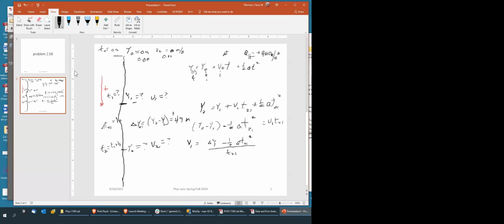Now, what the question asked: we need another place, t3, which is equal to t2 plus 1, or equal to t1 plus 2. We don't know its exact value, but we know its relative value. So this is y3, we don't know what it is. v3, we don't know what it is.